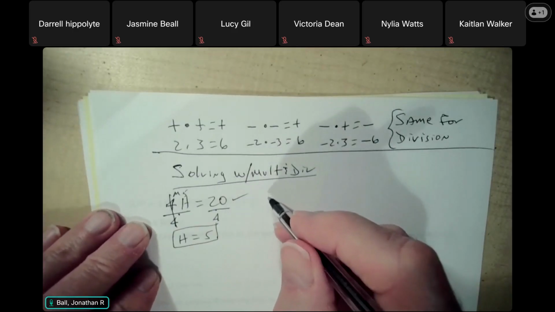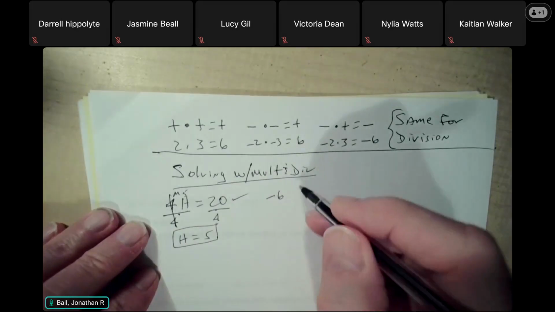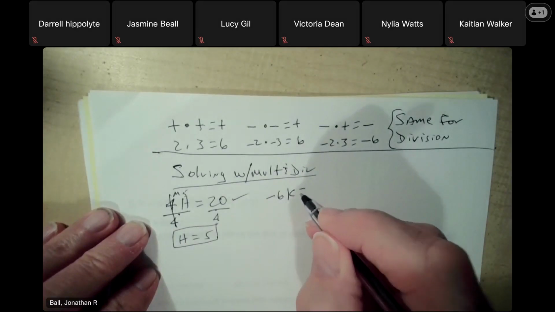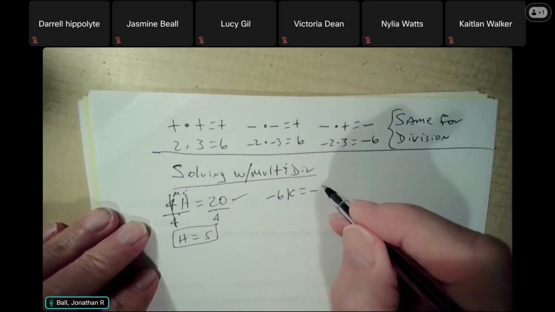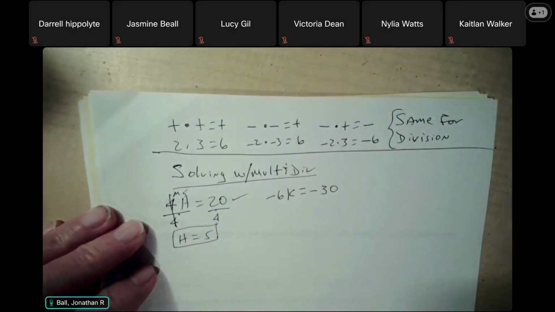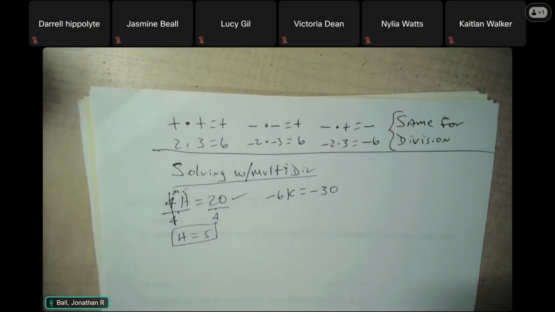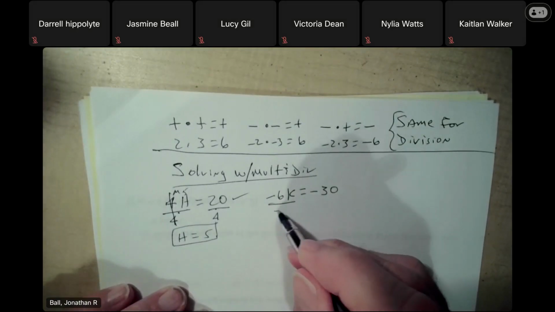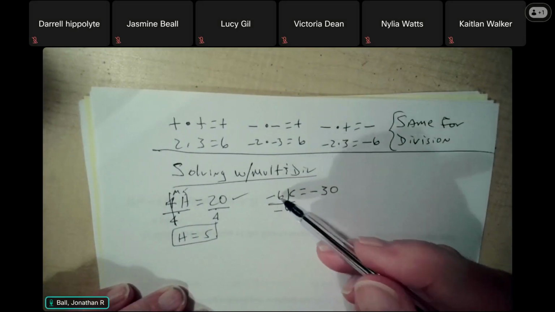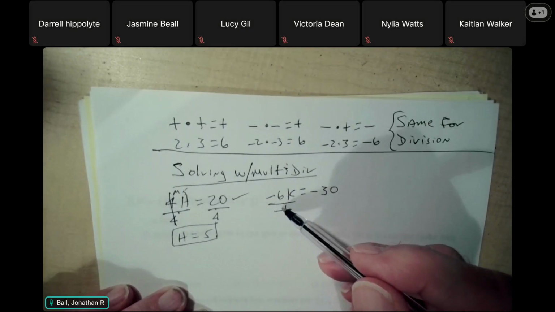Now, if you have negative 6k equals negative 30, what are we going to do here? Divide by negative 6, because a negative divided by a negative is a positive.